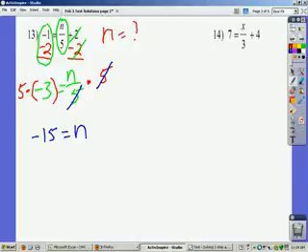Make sure you put a box around it to let me know that that's your final answer, because it is very confusing if you put all that work and I really can't tell what your answer is. It's very hard for me to give you partial credit or full credit, even if the work itself is correct. Alright, I'm not going to do problem 14, but looking at it, skill-wise, it is exactly the same as problem 13.